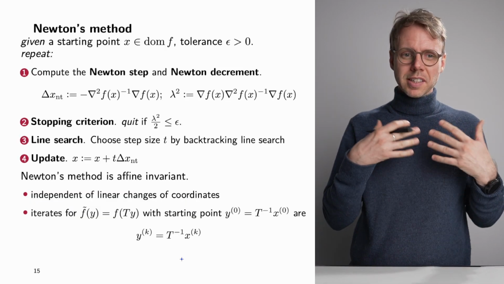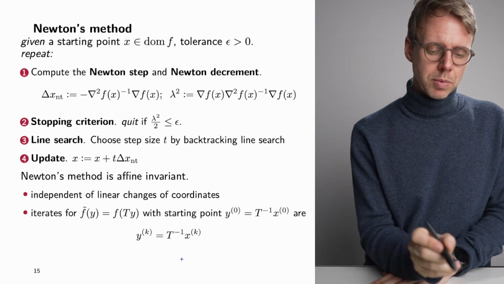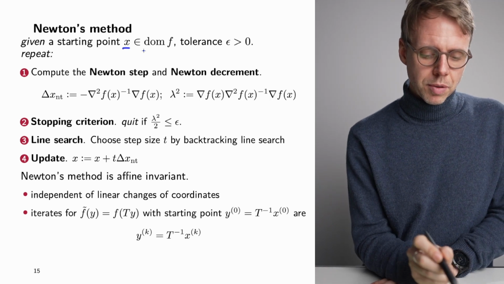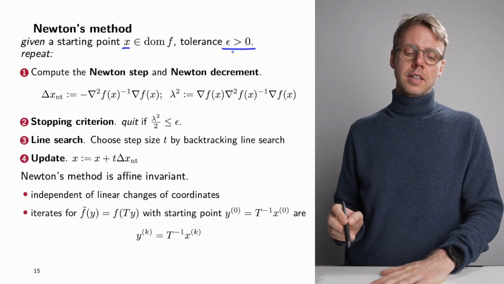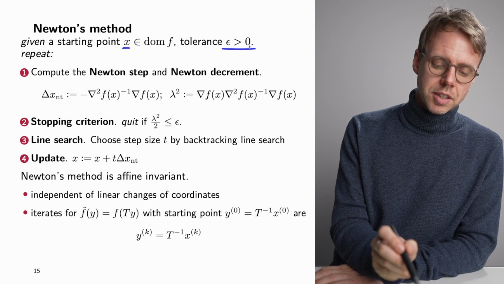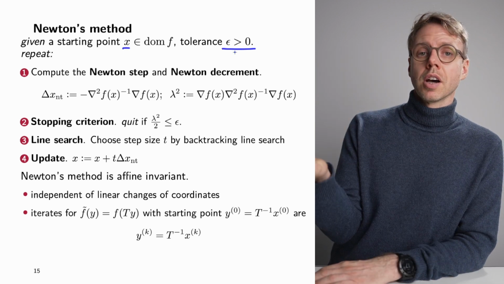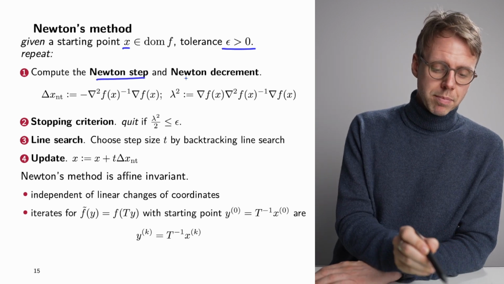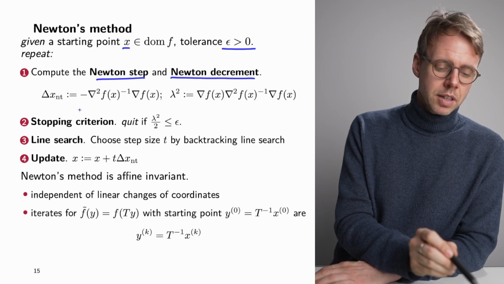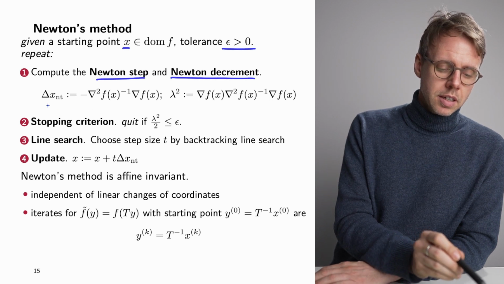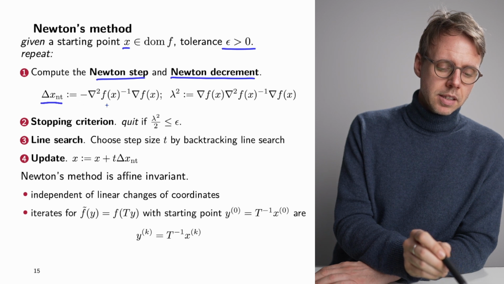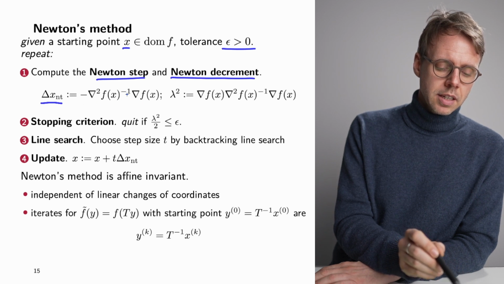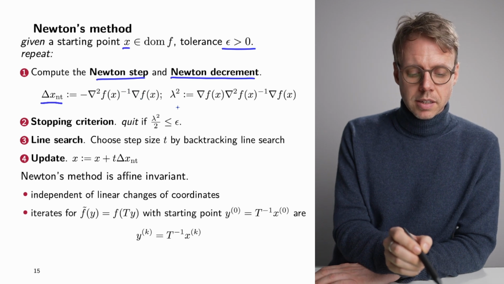So let's summarize the complete Newton's method. We're starting with a point from the domain of the function. We have a tolerance epsilon, a small number larger than 0, as a parameter. And now we repeat: we compute the Newton step and the Newton decrement. The search direction becomes minus the inverse of the Hessian times the gradient.